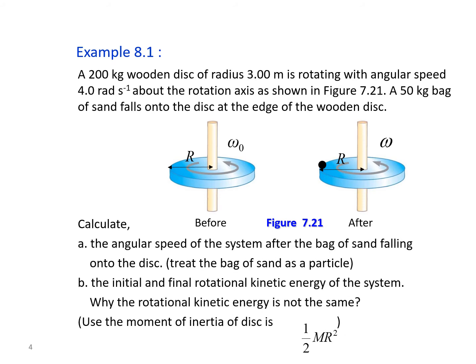They want us to calculate (a) the angular speed of the system after the bag of sand falls onto the disc, treating the bag of sand as a particle, and (b) the initial and final rotational kinetic energy of the system, and explain whether they are the same or not.